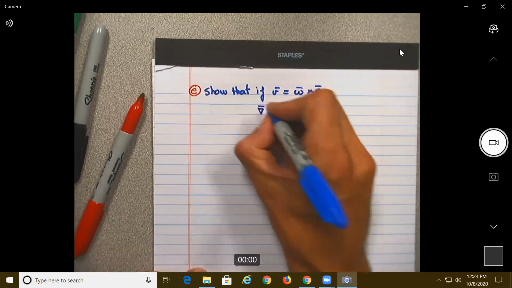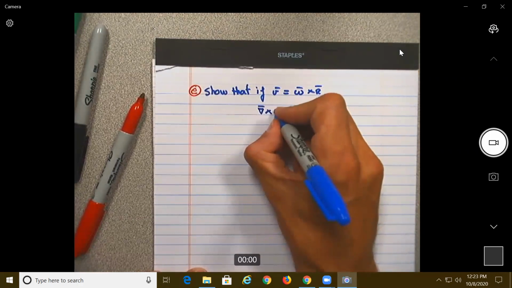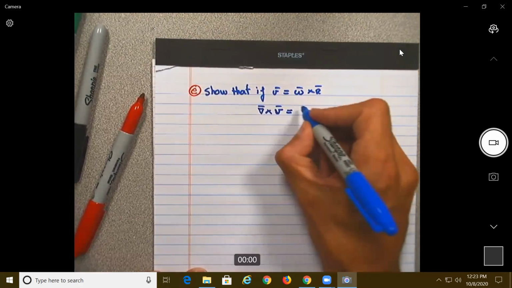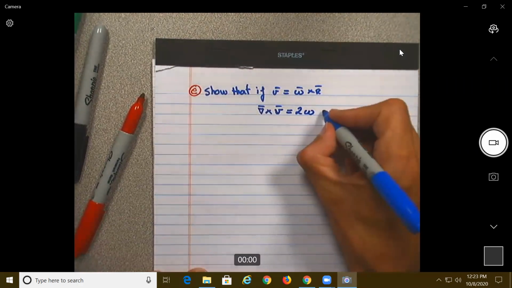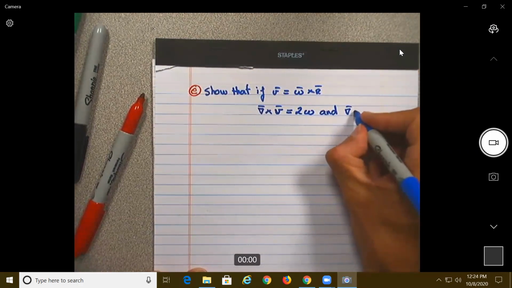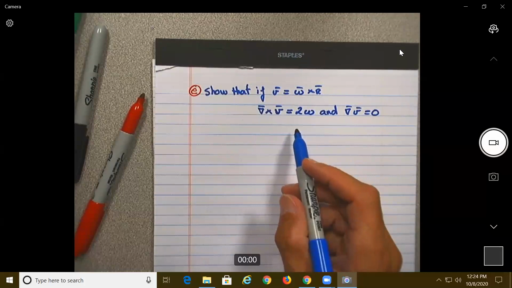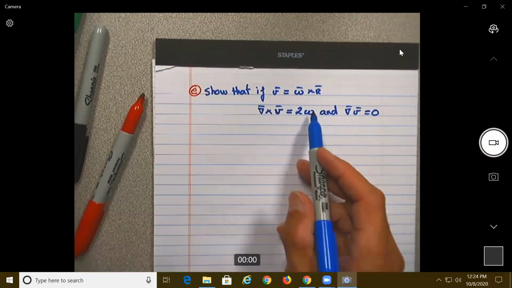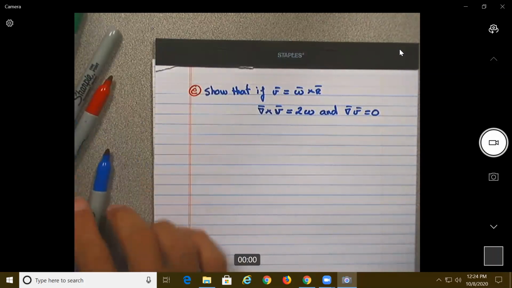Show that. Okay, so here we need to be careful because again, omega here is like a scalar. We'll see what happens.